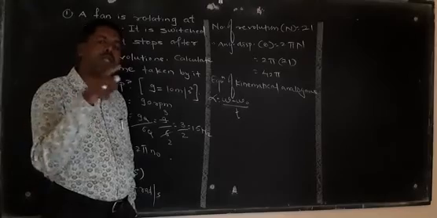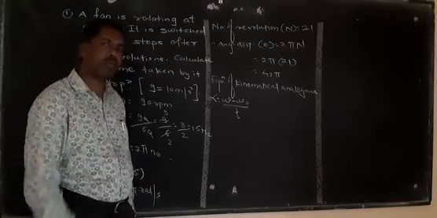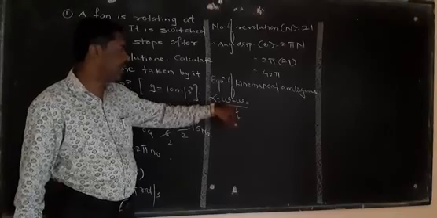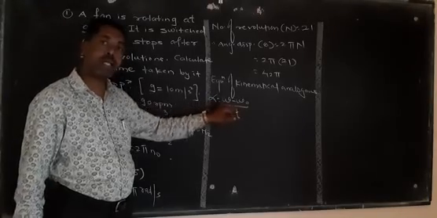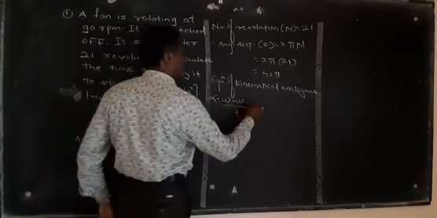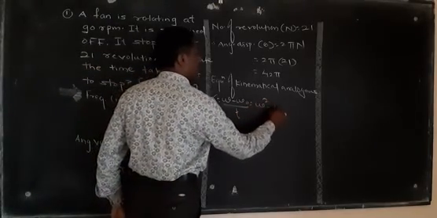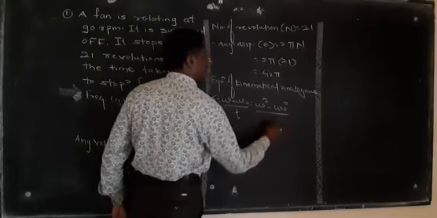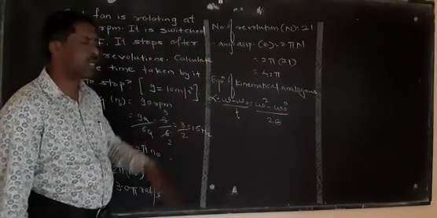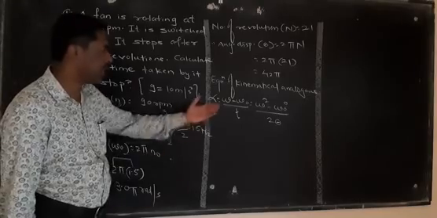We know that the fan is rotating, it is in accelerating motion, so its angular acceleration is the change in angular velocity upon time. But by analogous, we can write it in this way, that is omega square minus omega 0 square upon 2 theta.